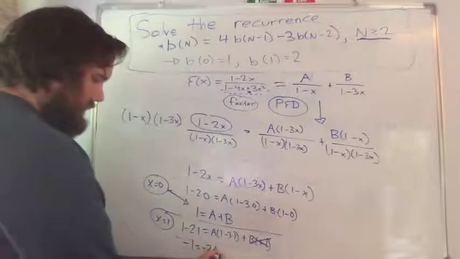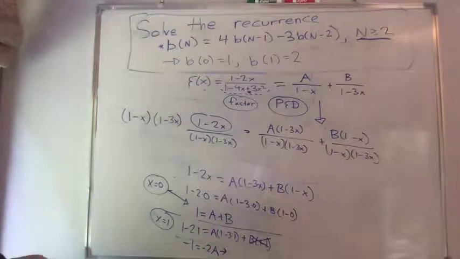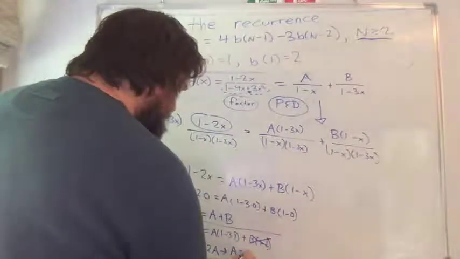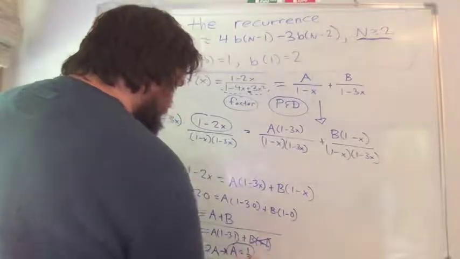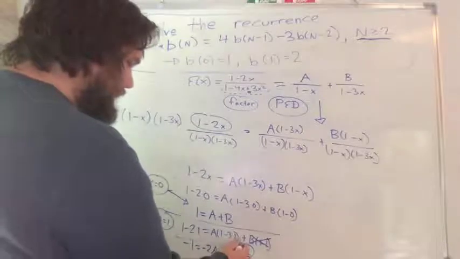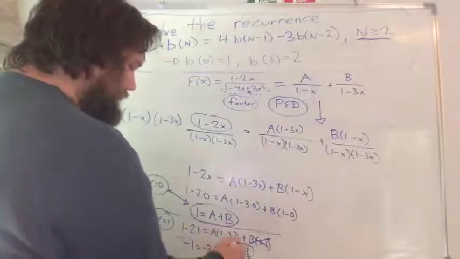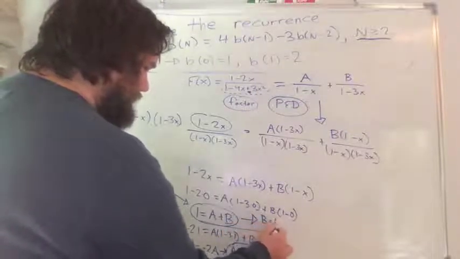Which gives me that a is equal to 1/2. And then, since a is 1/2, I go back here: if 1 is a plus b and a is 1/2, then b is also equal to 1/2.